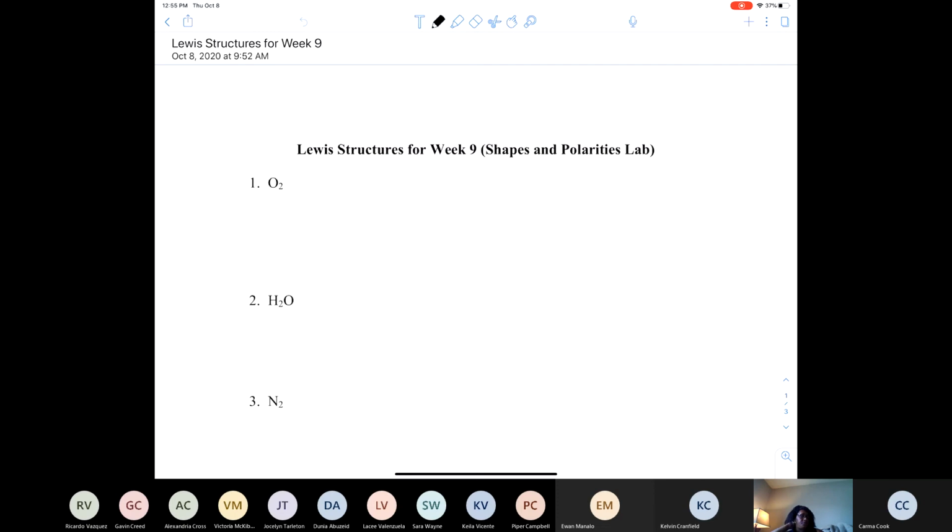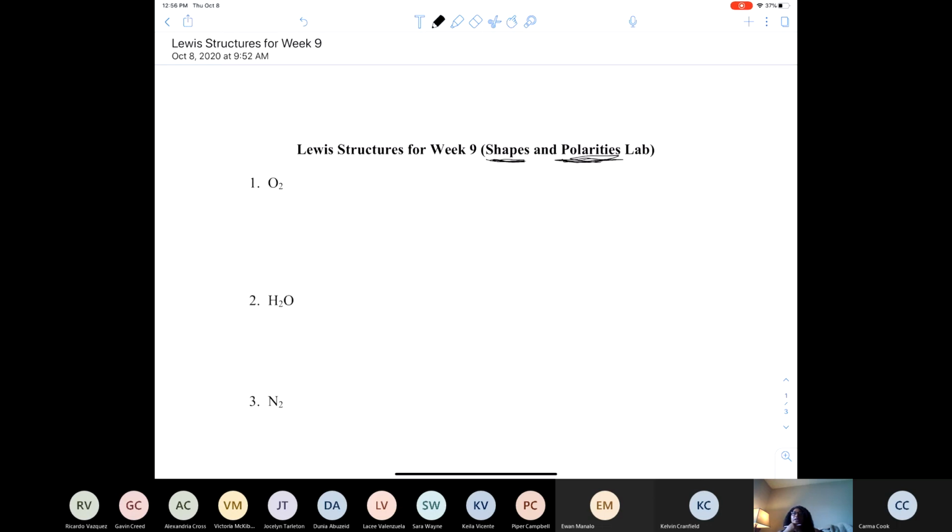Download the Lewis structures for week 9 document. Week 9, we're going to focus more on shapes and also polarities. And that's a term we'll discuss in chapter 4. So we won't be doing this lab until 2 weeks from now.